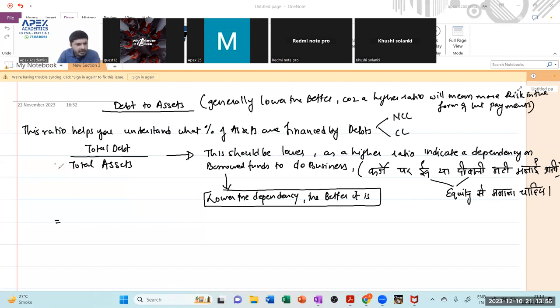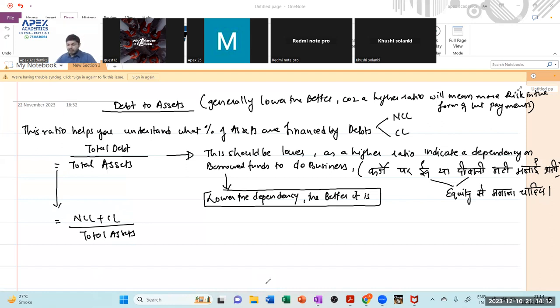What is total debt equal to? Non-current liabilities plus current liabilities upon your total assets. This is one of the ratios that we are going to encounter in today's journey.